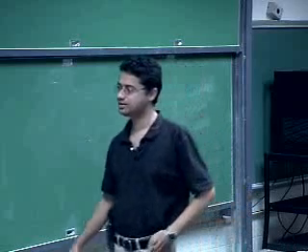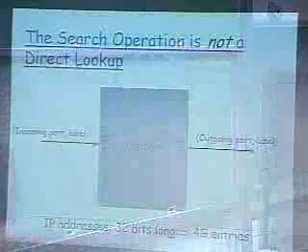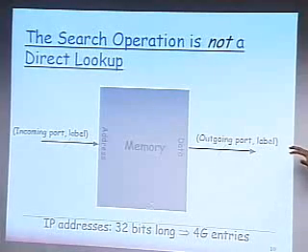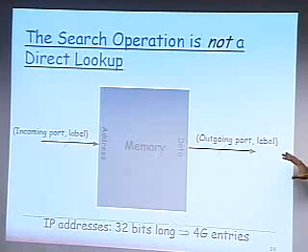If you have 32-bit IP addresses, then a direct match requires 4 gigs of entries. You cannot possibly fit that in the memory of a high-speed router. So direct match is going to be too big.